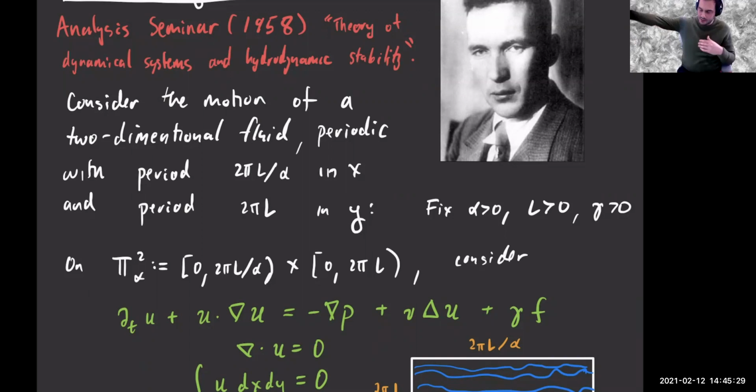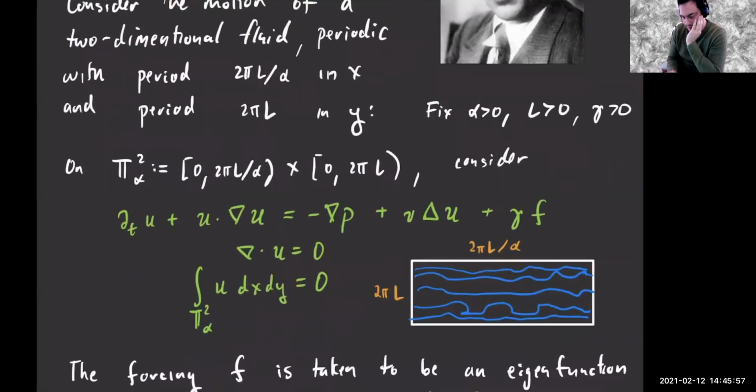And at one end of the parameter regime, you have laminar motion, and at the other end, supposedly you can maybe describe turbulence. And so the setting is that you consider now a two-dimensional fluid where you have a period of 2 pi L over alpha, some number between 0 and 1 in X, and 2 pi L in Y. So alpha, L, these are all positive numbers. So we're on this rectangular torus here.